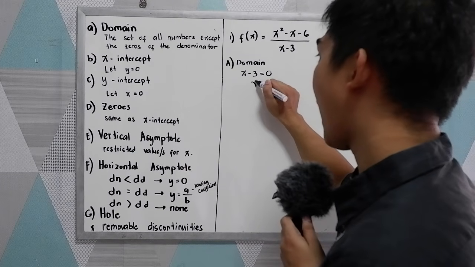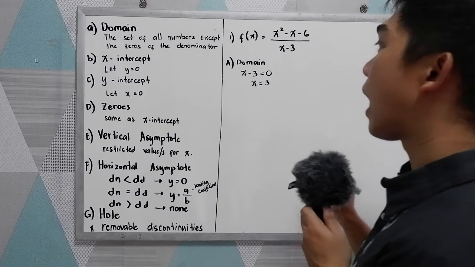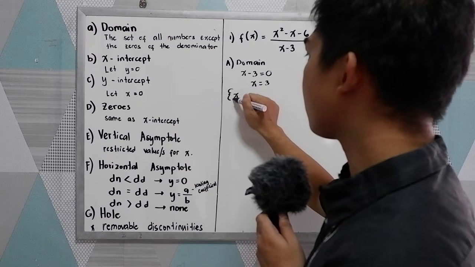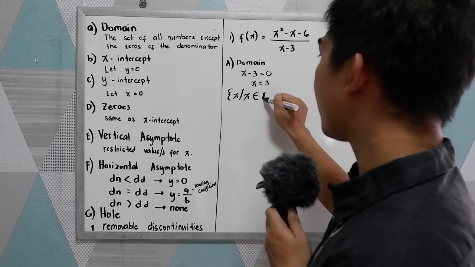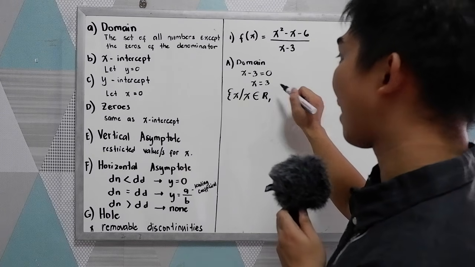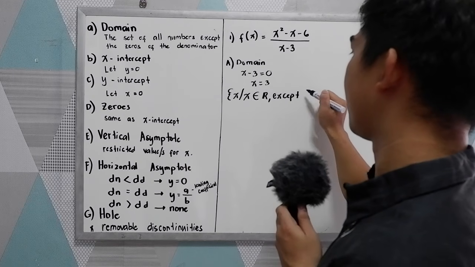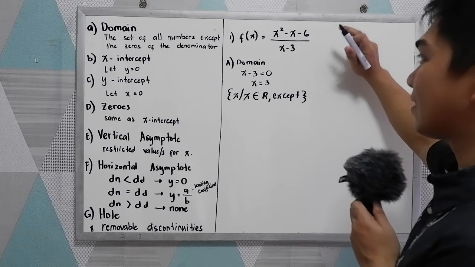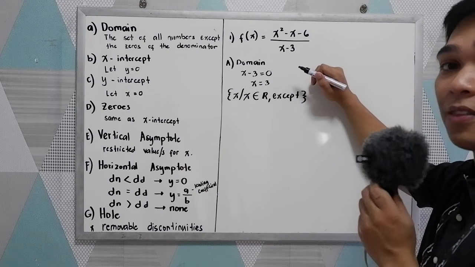So we have x is equal to positive 3. So our domain is x such that x is an element of real numbers except 3. Except 3.